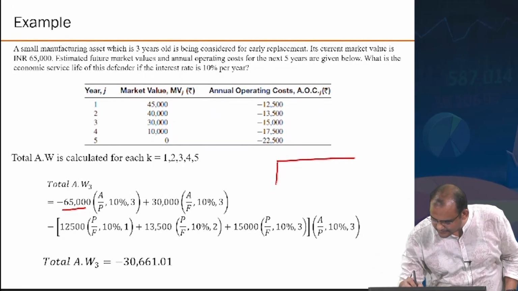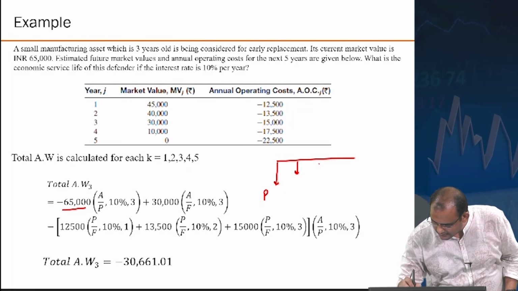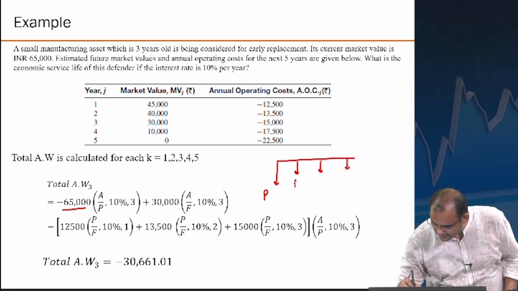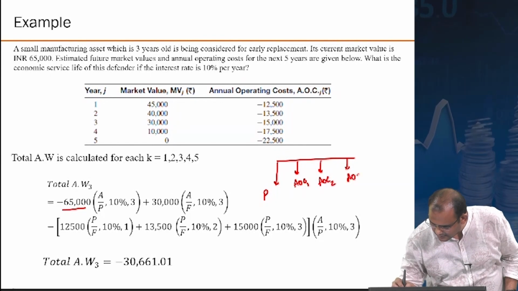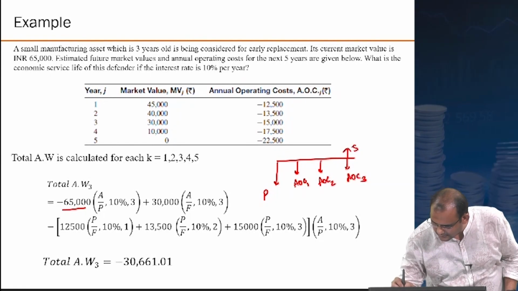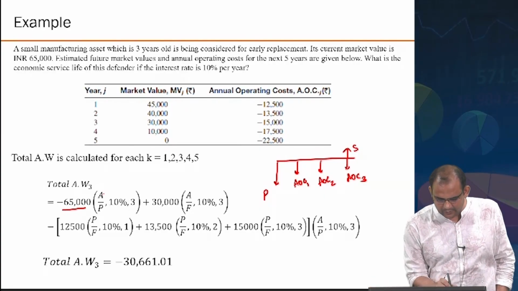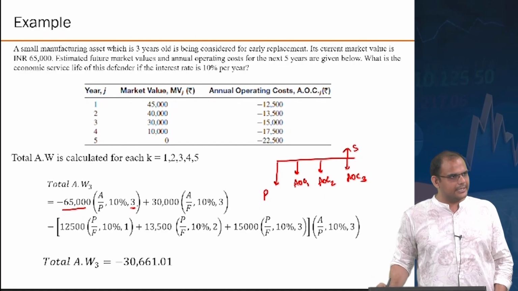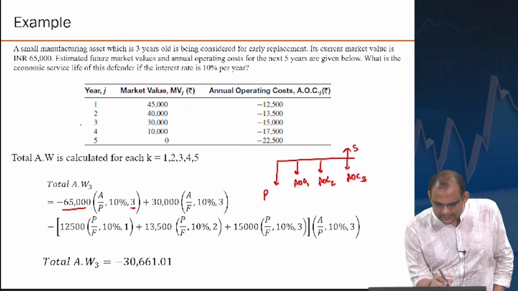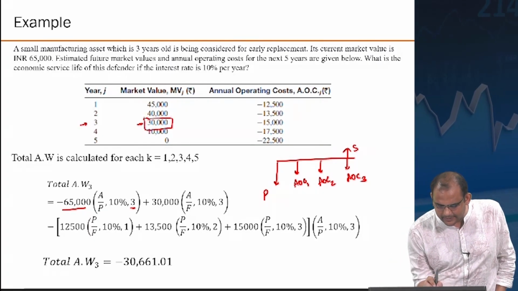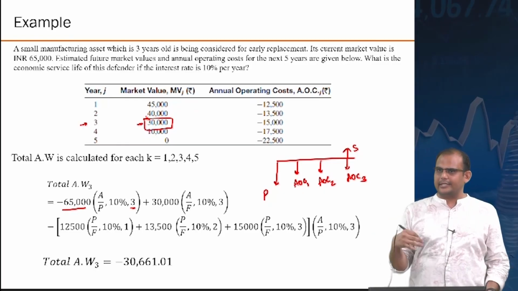The series becomes 65,000 A by P distributed over 3 years, 30,000 is the market value, which is your expected salvage value at the end of 3 years.